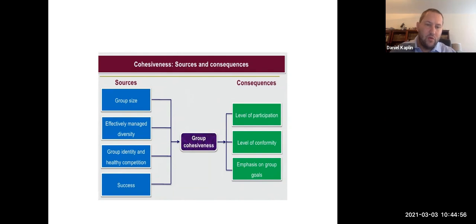When you talk about group identity versus individual identity and that competition, that's going to either increase or decrease the relative emphasis on group goals versus personal goals. And then, success and so forth. You get the idea. I just went down and showed how going across one to one could impact the group.